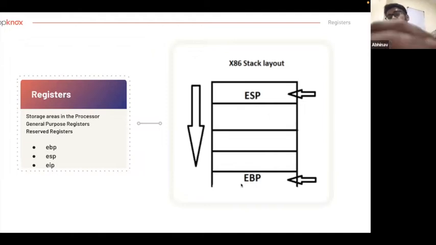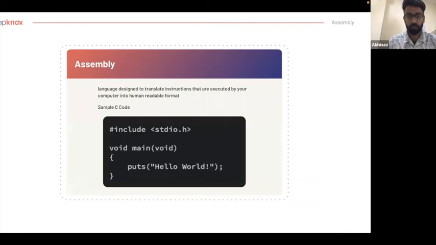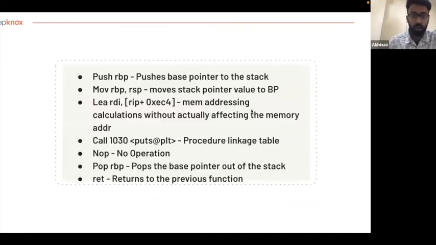So the contents of the stack pointer now go to the base pointer, and this stack frame is discarded. Because the base pointer has now moved, a new stack frame has been created for the new function that has been called. All right, hope that was clear.